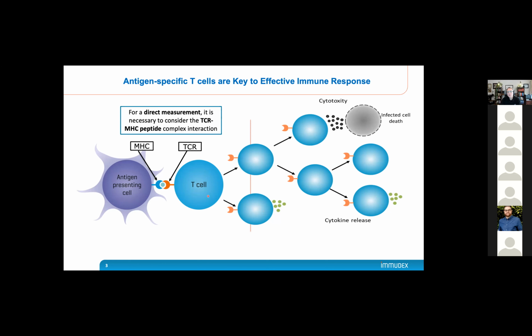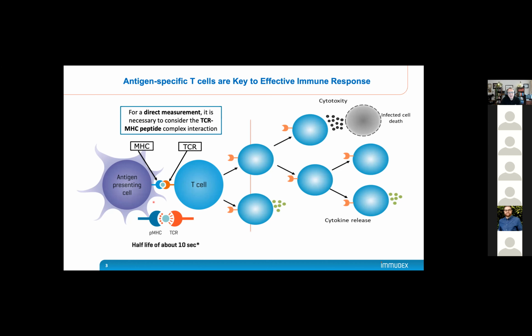So if we want to measure all of the T cells that are specific for any particular epitope, irrespective of what the function might be, the idea is to go back to this original interaction between the antigen presenting cell, which presents this specificity, this confers the specificity of your T cell response here: this peptide epitope in the context of this MHC to this T cell receptor.